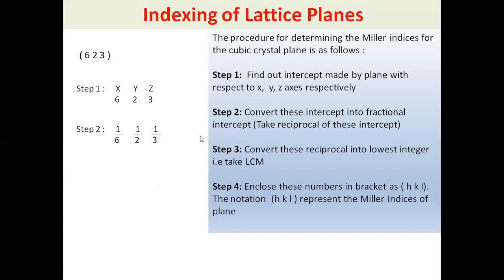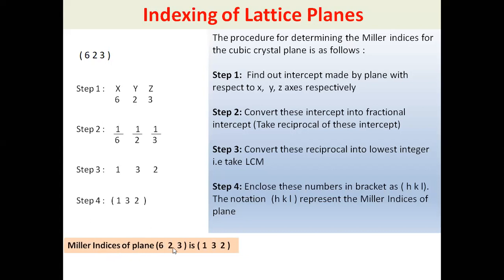So 6 1s are 6, 2 3s are 6 and 3 2s are 6. So it becomes 1 3 2. Insert it in parenthesis, (1 3 2). While writing this, don't put a comma between the numbers, otherwise your answer will be wrong. How to read this? Miller indices 1 3 2. So the Miller indices of plane 6 2 3 is (1 3 2).